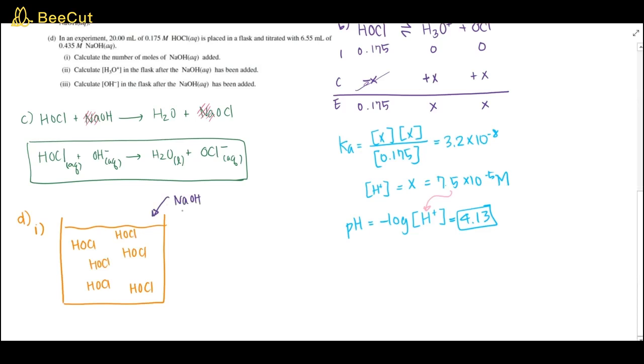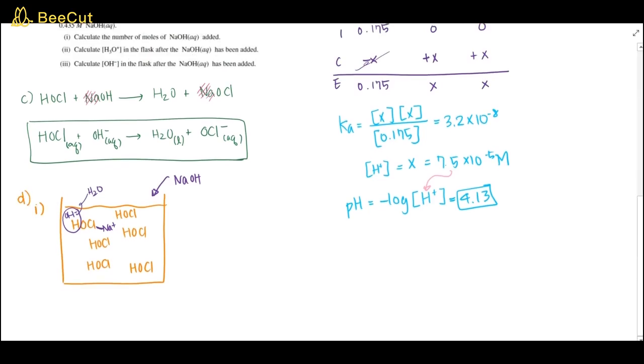Okay, so if I pour in a tiny amount of NaOH, the Na will split up and it'll probably create a bond this way, and the OH minus will actually tear apart the proton from the HOCl and create H2O. Okay, so this is what they want you to calculate. So question number 1, they're telling you calculate the number of moles of NaOH added.